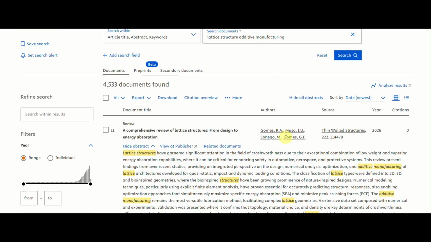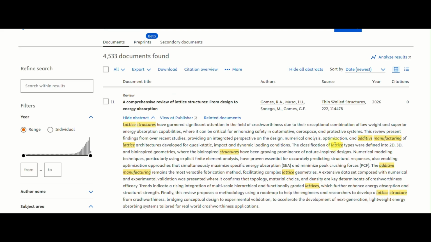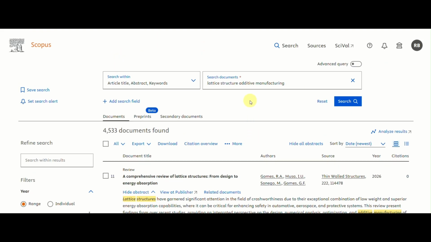Here it highlights the keywords we have given. We want research papers which include the words lattice structure together, not the paper which includes the lattice word or the structure word separately. We want lattice structure as a single keyword.